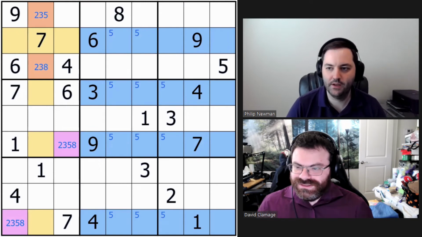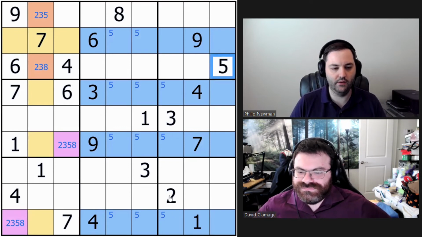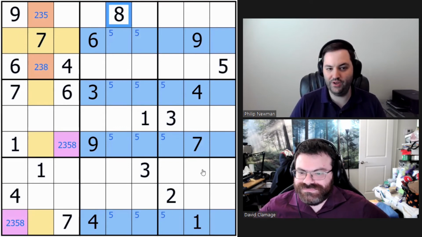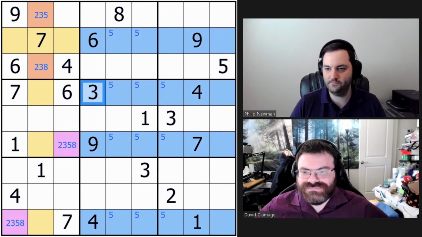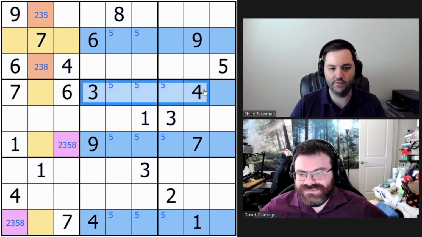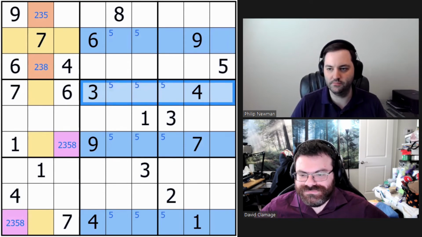So we can do the same thing on 5 and 2 and 8. 3 is a little different. Sometimes you'll see this. There are actually 2 3s outside, but there's already a 3 here. So this is taking one of the spots. So the 3s are acting like a swordfish on the original cross lines.